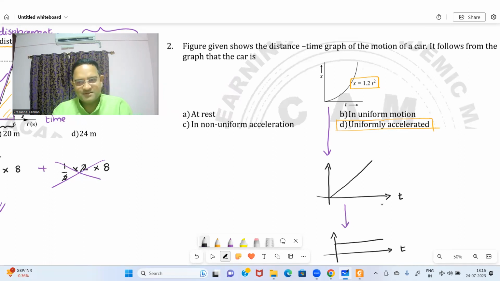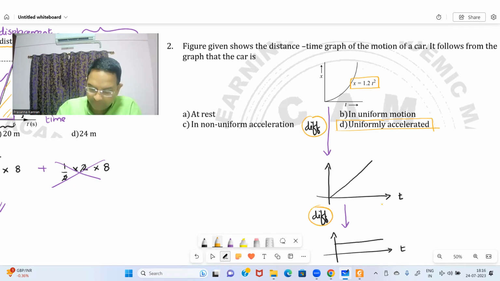Is that clear, students? Yes, sir. Now, whenever we do differentiation, this refers to a displacement or distance-time graph. We could take this as distance or displacement. When I differentiate this, I get speed or velocity.